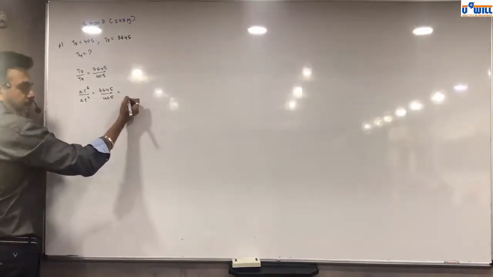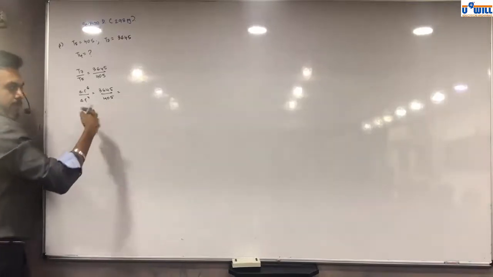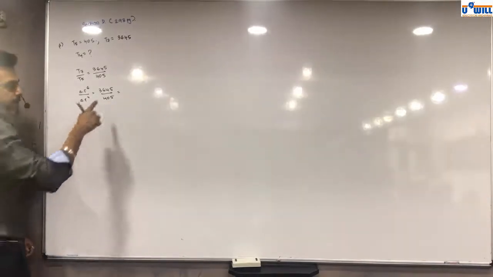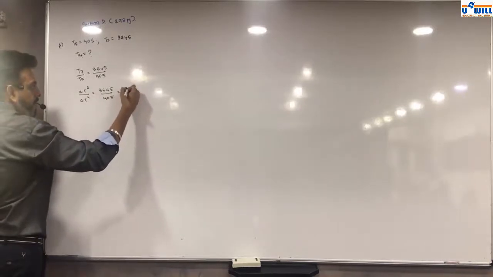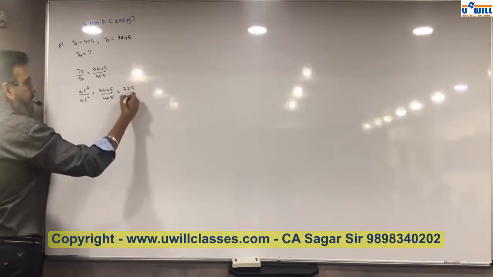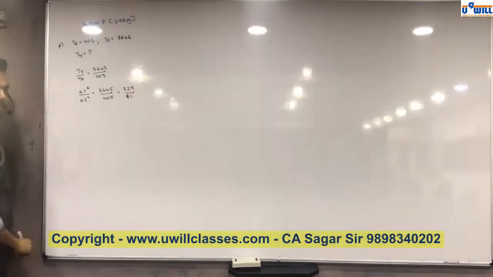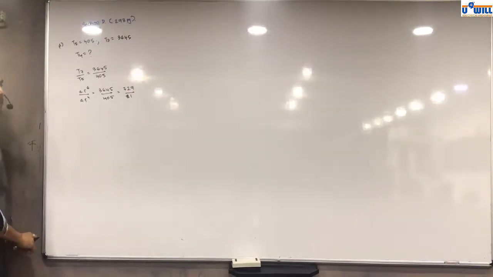Multiple of 5, multiple of 9, multiple of 5. Okay, so 5 is 25, which is 10 by 9. 8 is 81. 729 by 81. Now multiple of 9.